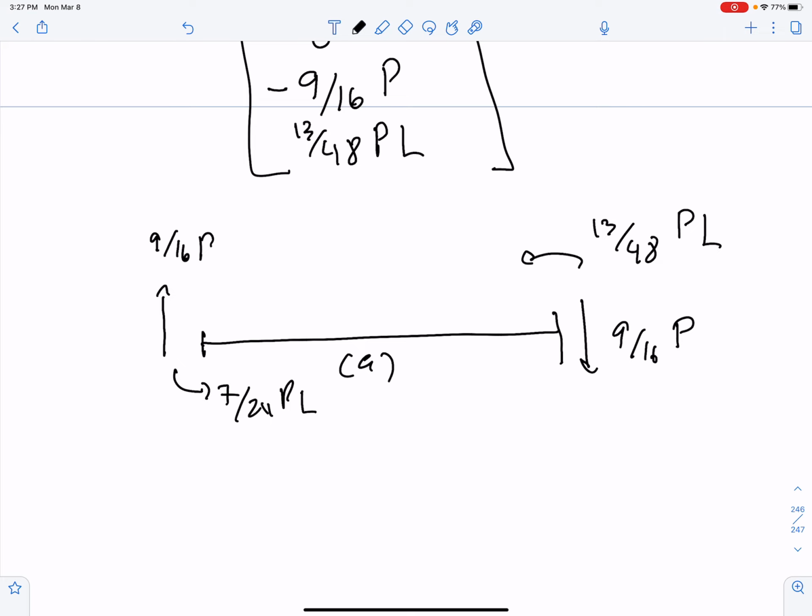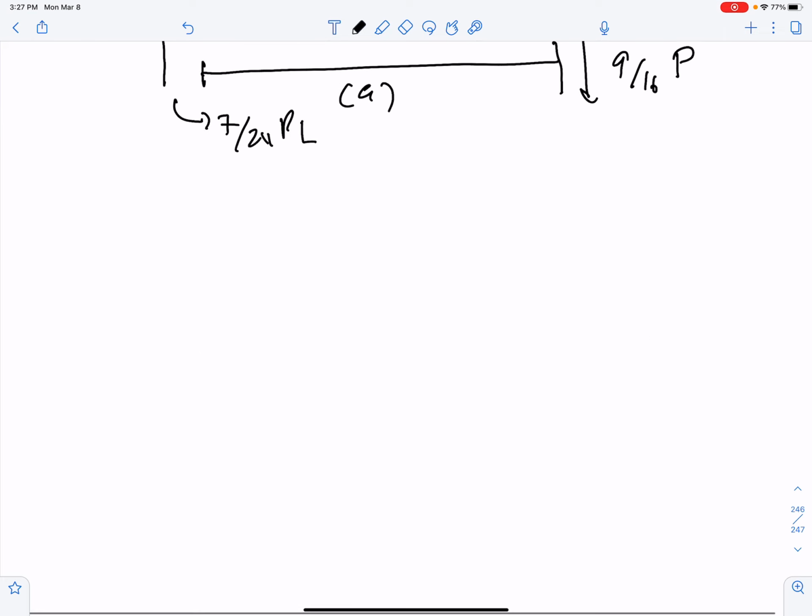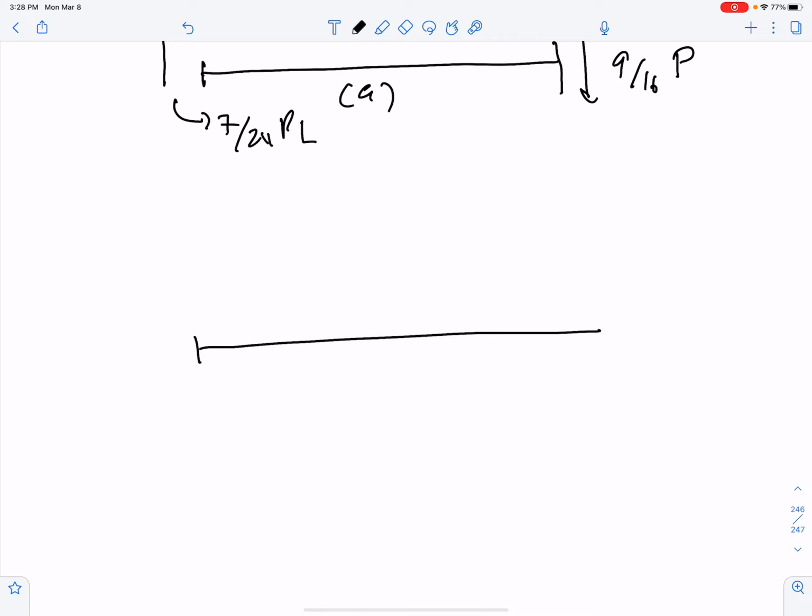We can repeat this procedure for element B. Very similar. And what we find is a negative vertical force of 7/16 P, moment in a clockwise direction, so negative 13/48 PL.